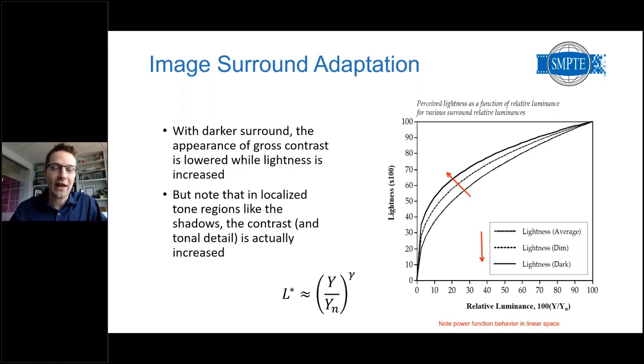Whereas if I'm on a movie set or in a studio, I'm probably looking at that same scene that's about to be projected in the theater, but I'm looking at it with an average surround, or maybe at worst it's slightly dim in the corners of the soundstage, right? It's illuminated a little bit brighter.